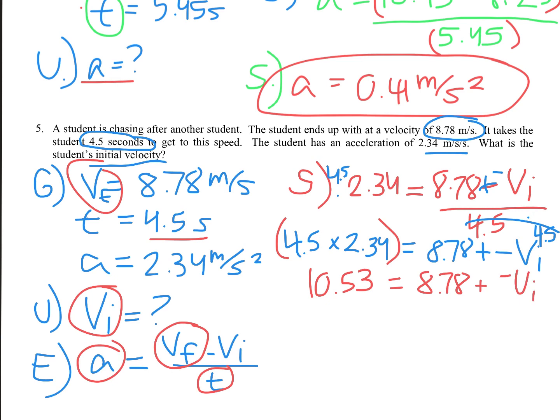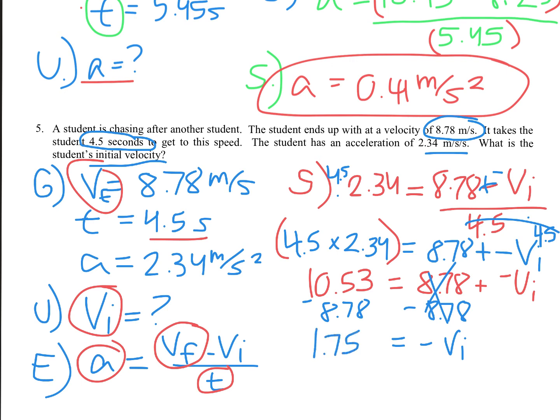I'm going to subtract 8.78 from both sides. That's going to cancel out and leave me with negative VI. And then 10.53 minus 8.78, I'm going to end up with 1.75.